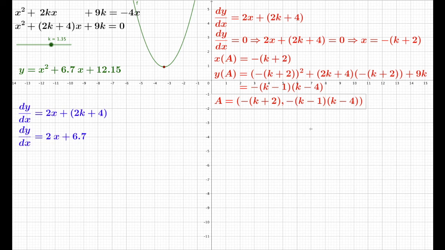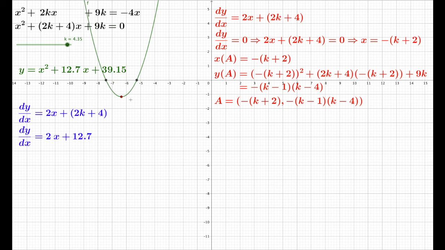But what we can see from here is that if k is greater than 4, then this bracket will be positive, this bracket will be positive, this will be negative, and therefore if we go above 4, our turning point will be below y equals 0, so below the x-axis, so we'll have our 2 roots.